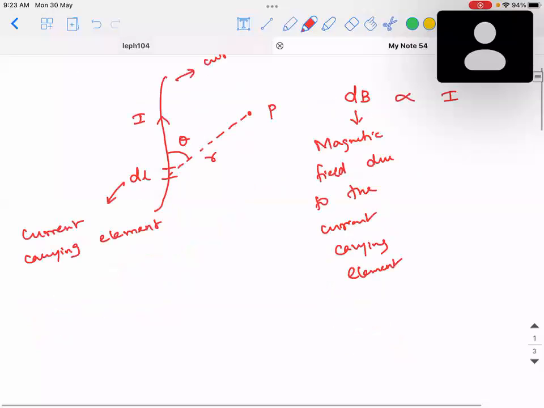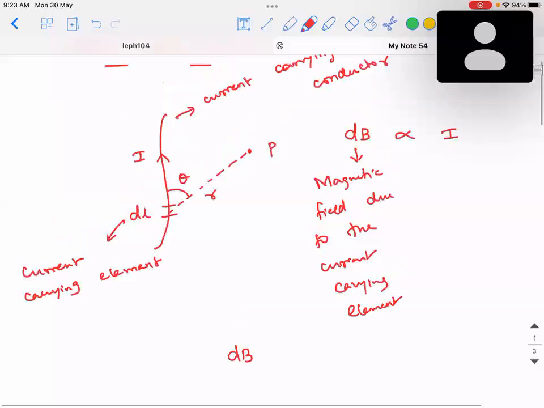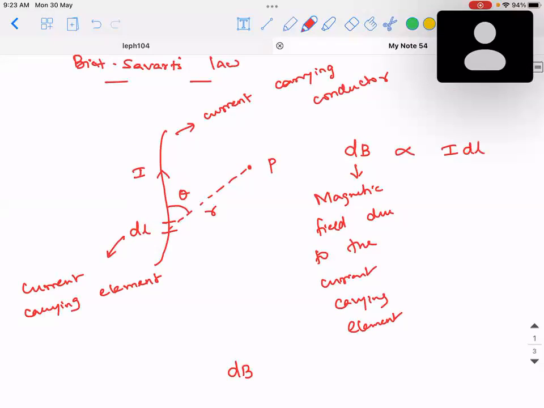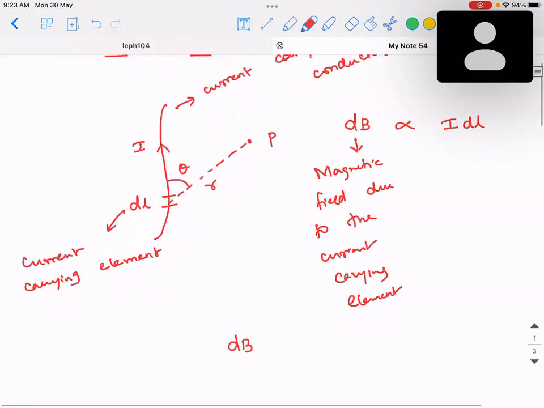Secondly, dB is observed to be directly proportional to I into dl.